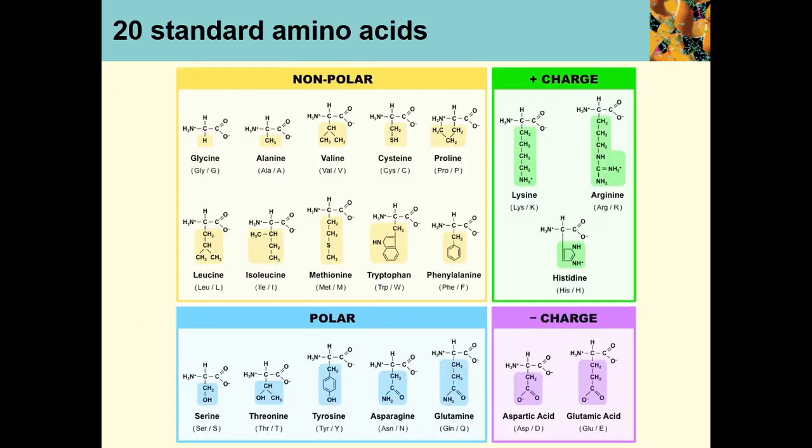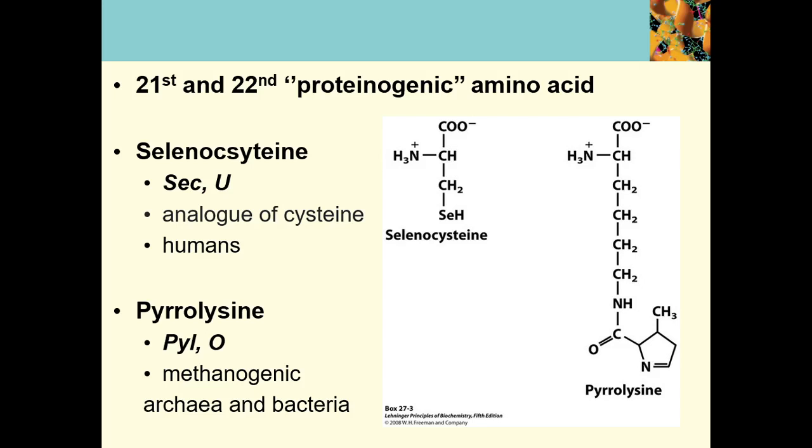Remember in our discussion, cysteine has a CH2SH side chain. But in this case, in selenocysteine, the sulfur is replaced by Se, or selenium. This was found also in humans. Some human proteins do contain this selenocysteine amino acid, so that's why it's called the 21st proteogenic amino acid.